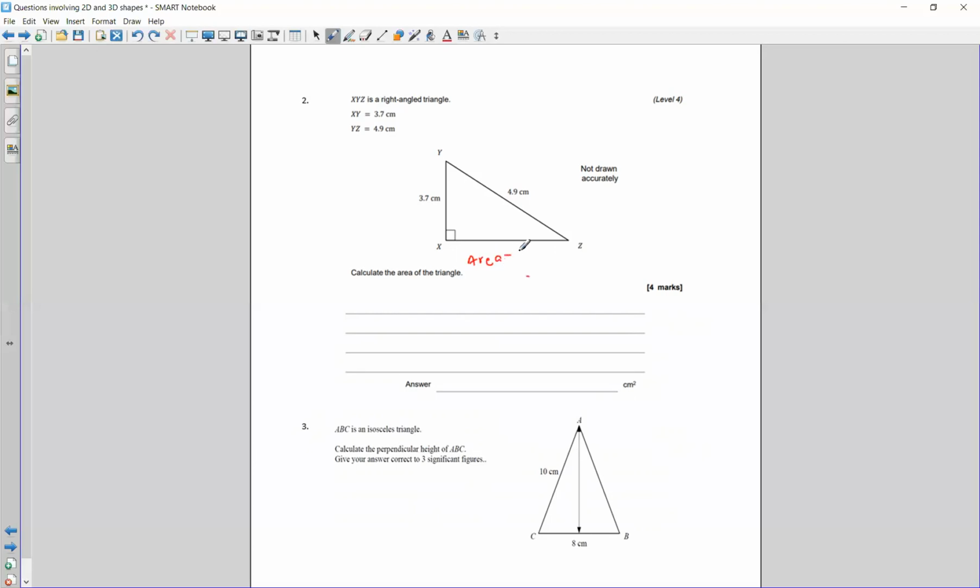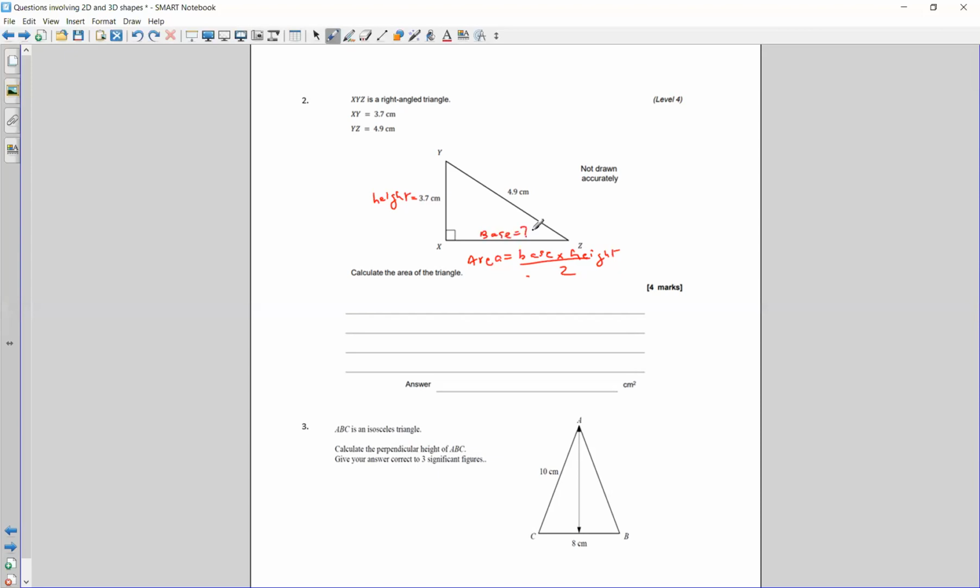So base times height divided by 2. Okay. And here, you are not given the base. You are given the height. This is the height of the triangle. So you're given the height, but you're not given the base.